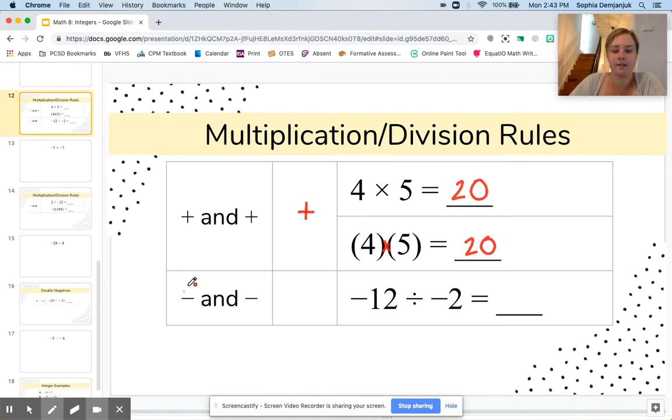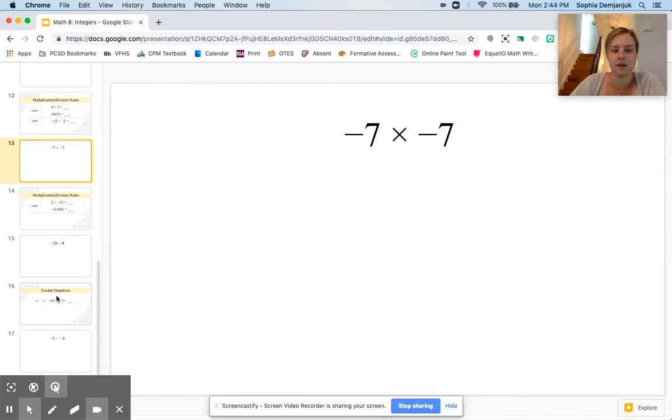If you're multiplying and dividing and you have two negative numbers, those negatives cancel each other out and it becomes positive again. So negative 12 divided by negative 2 actually turns positive to positive 6. So here's another example for you to do. Type in what negative 7 times negative 7 is.